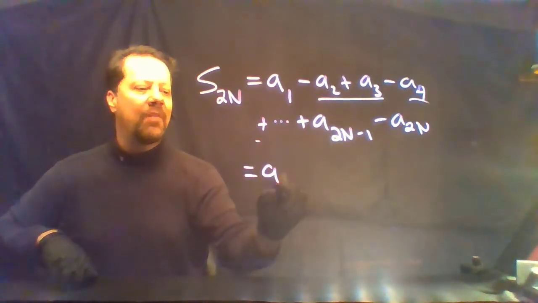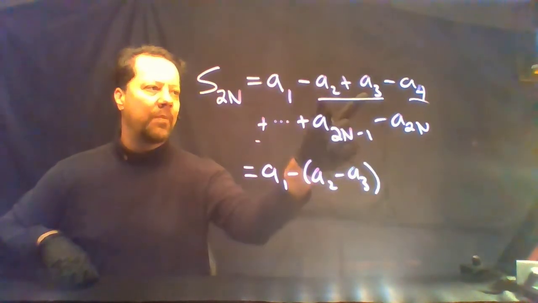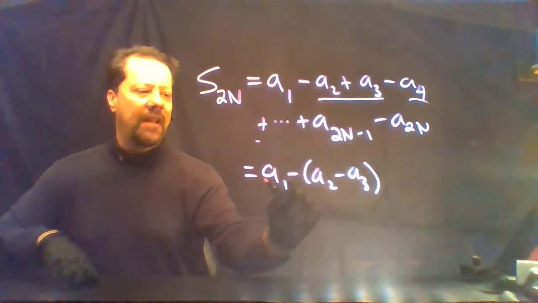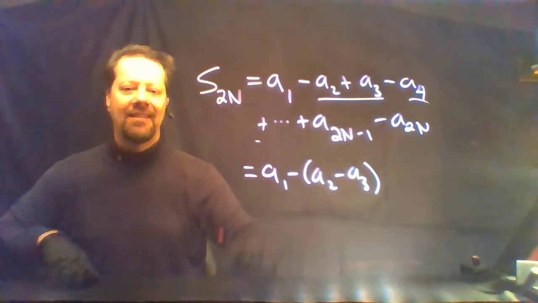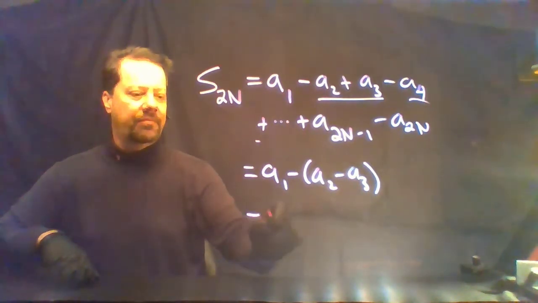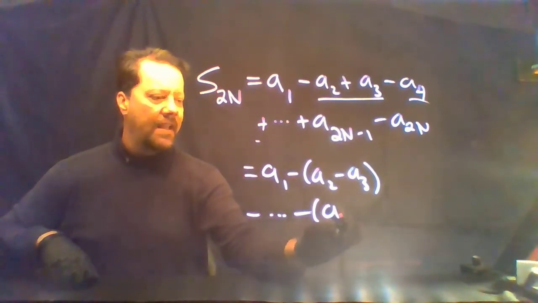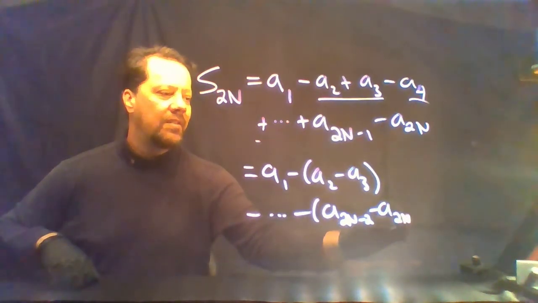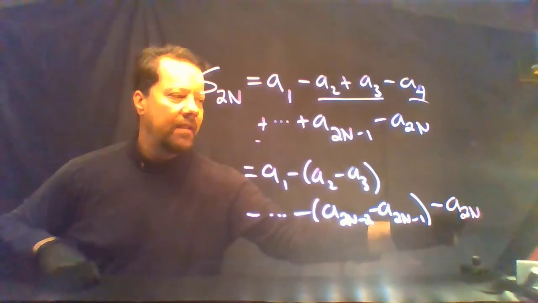So we'll have a1 minus a2 minus a3. When we factor a negative out from here, we'll get a subtraction. We'll have, if we distribute the negative, a negative a2 and a positive a3, just as above. We'll have a2n minus 2 minus a2n minus 1, and then finally minus a2n.